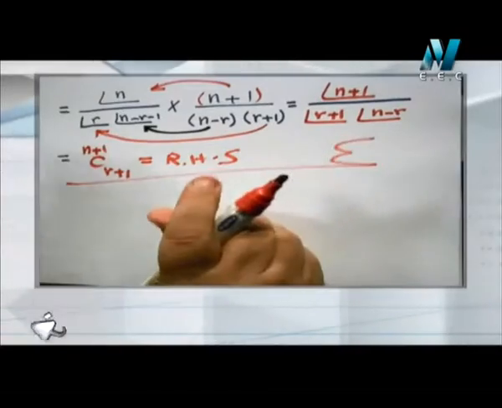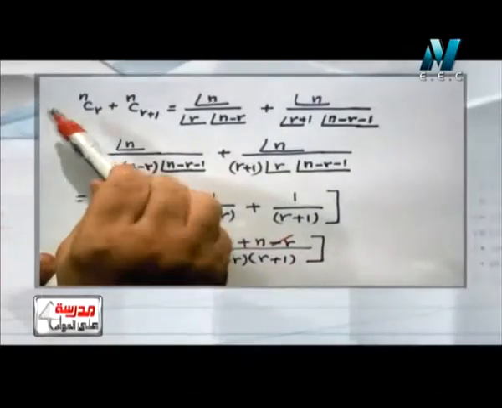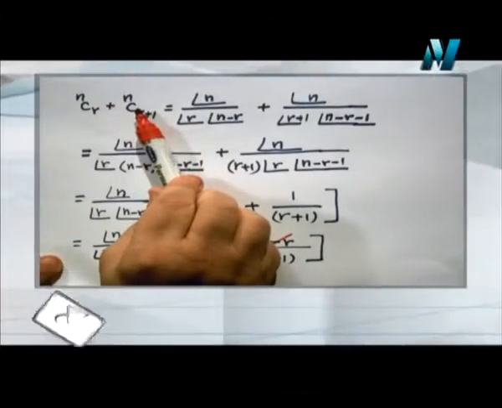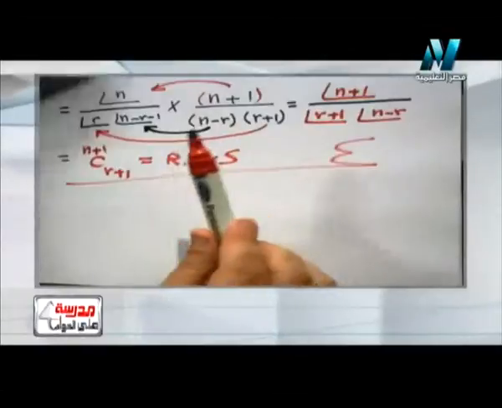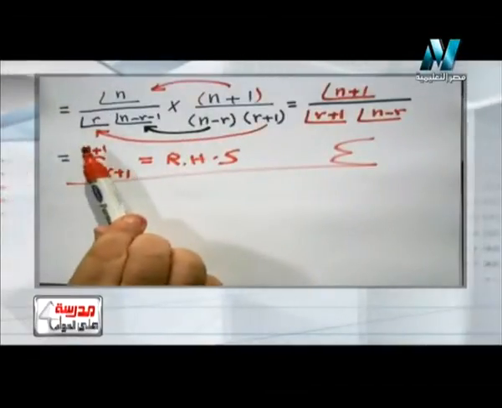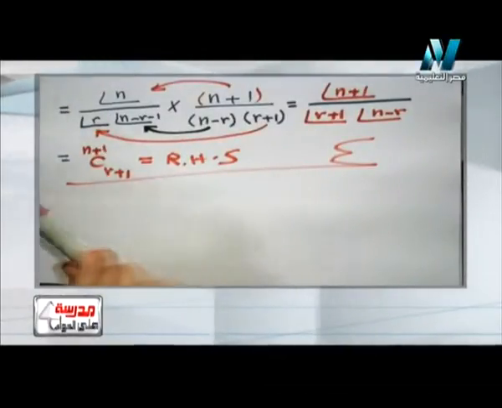This is the first. So we have now reached the proof that NCR plus NCR minus 1 finally is equal to N plus 1 C R plus 1.